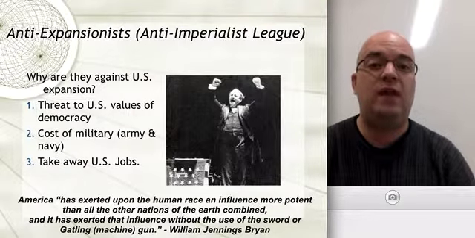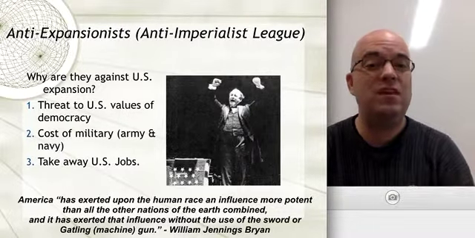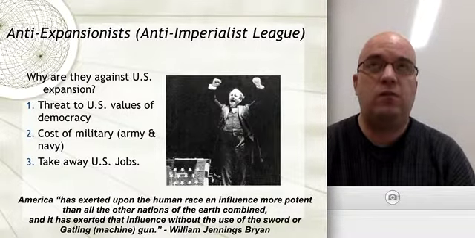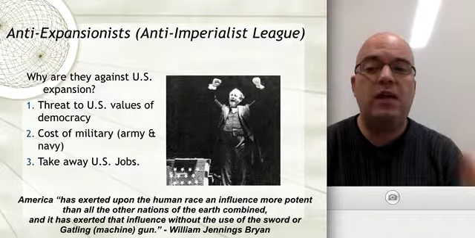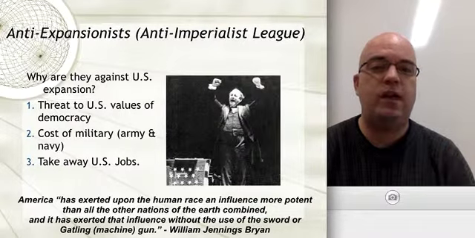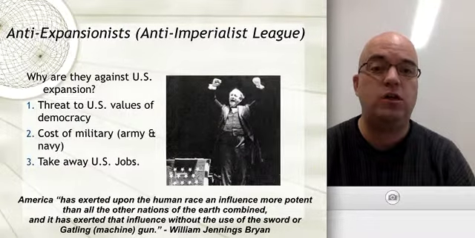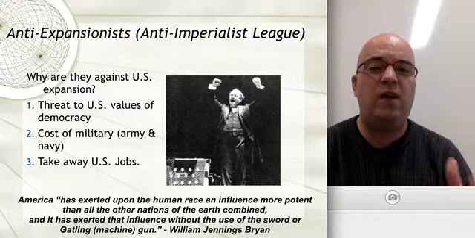Now, not every American was excited about American expansionism, and so a group known as the Anti-Expansionists, sometimes referred to as the Anti-Imperialist League, were very upset with this notion of American expansionism globally. There were three key reasons why they were upset. First, they felt it was a threat to our values of democracy.